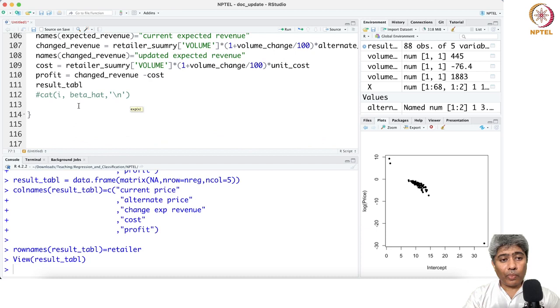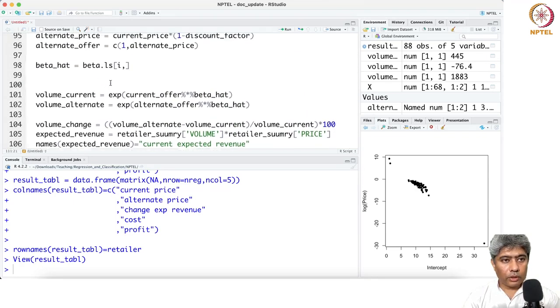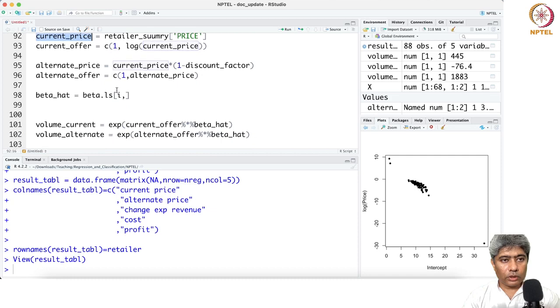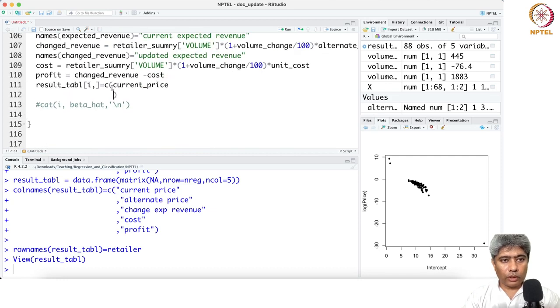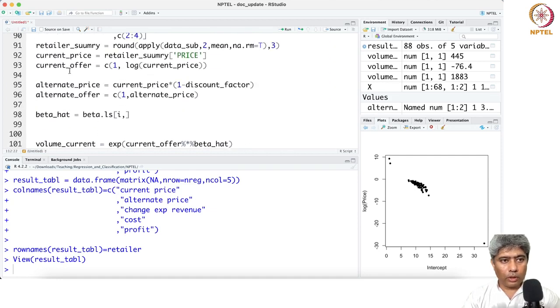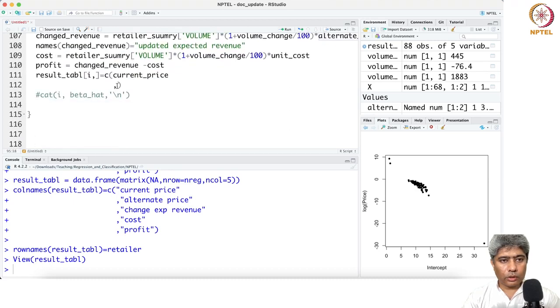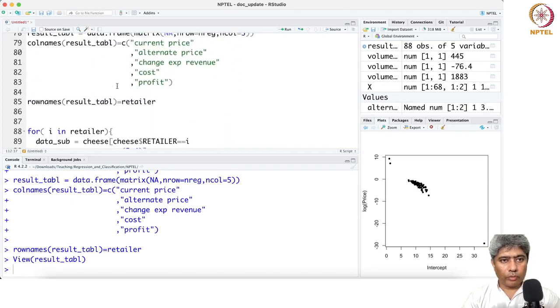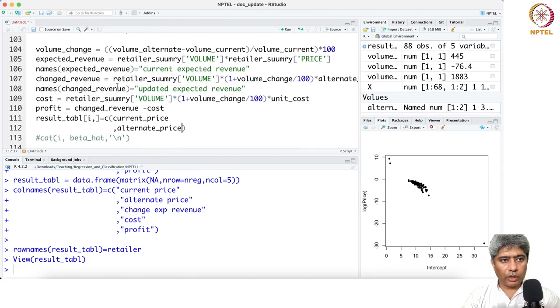Now result table equals to i comma c. So what I have to now fill is current price. What is current price? This is the current price. Then alternate price. Then current price, alternate price, change in expected revenue.